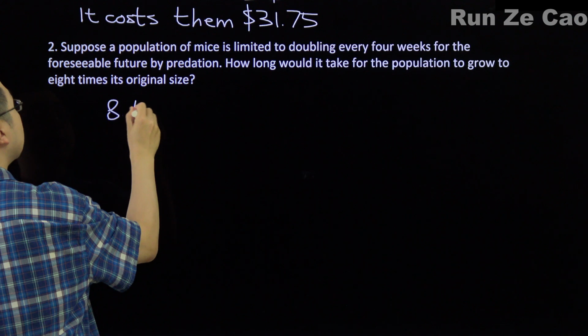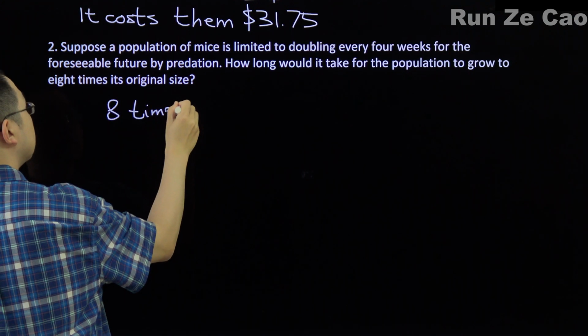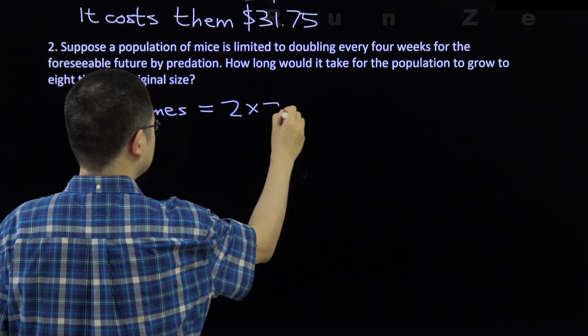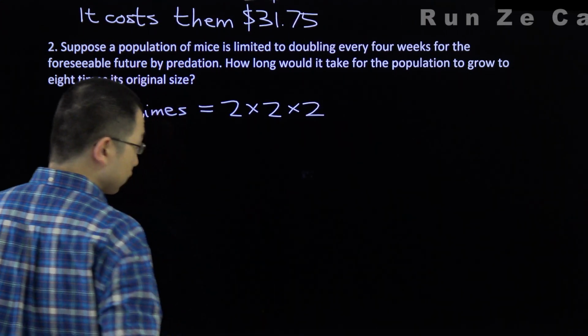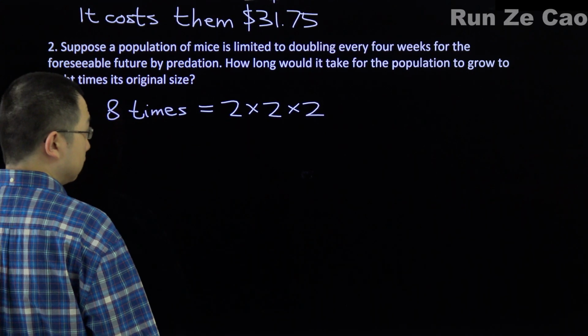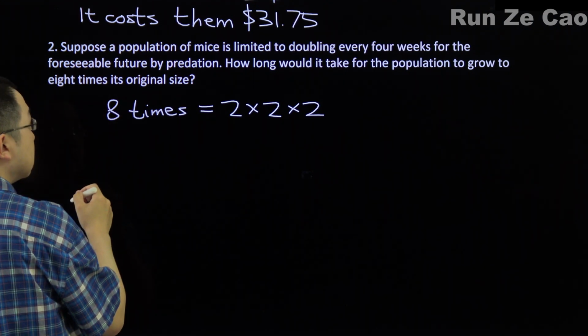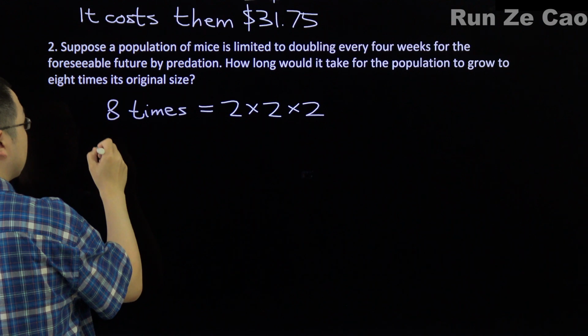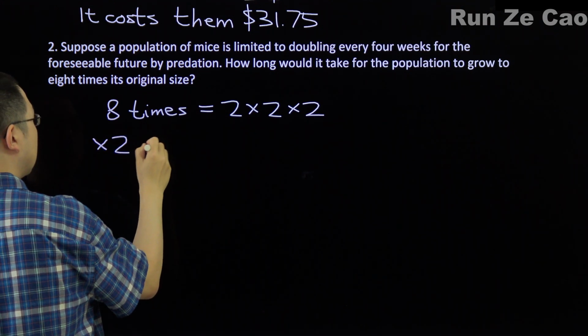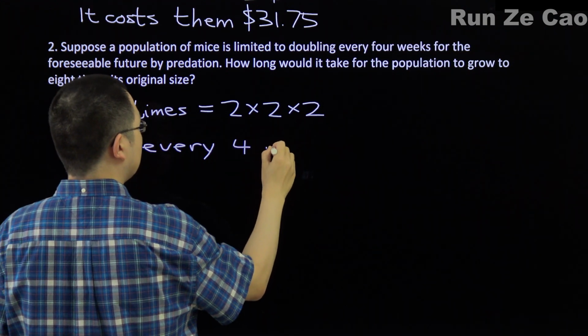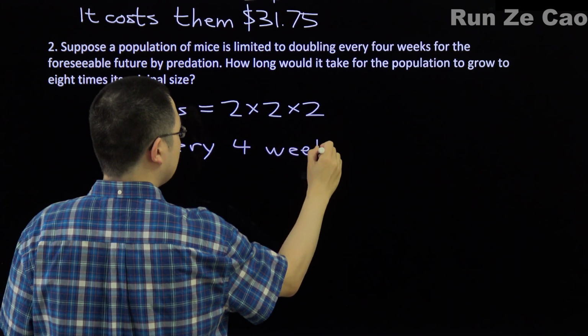8 times equals 2 by 2 by 2. So it's 2 to the third power. And doubling every 4 weeks. Every 4 weeks.